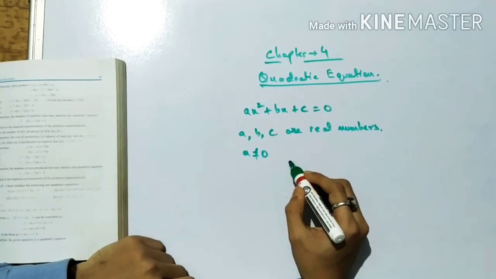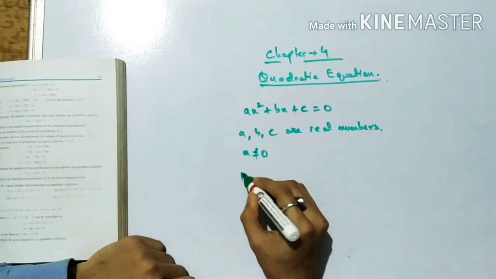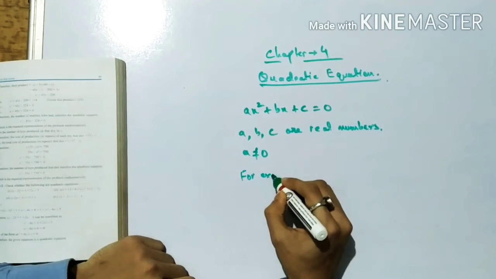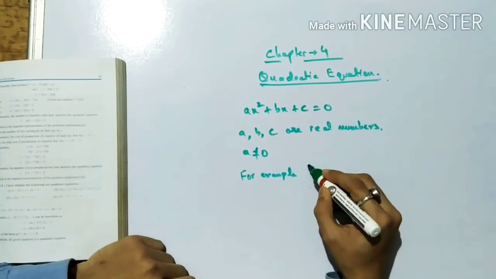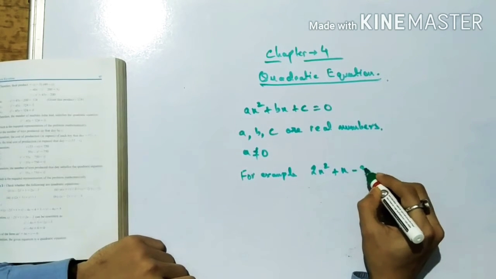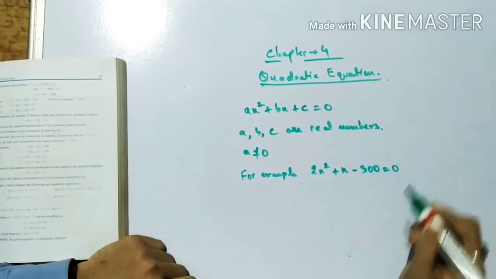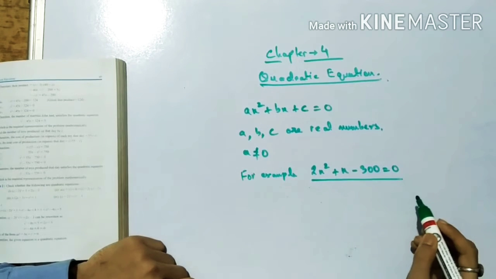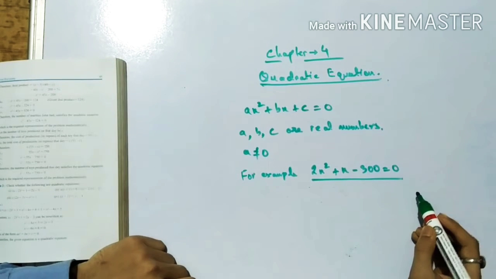Okay, for example, 2x square plus x minus 300 equals 0. This is an example of a quadratic equation.